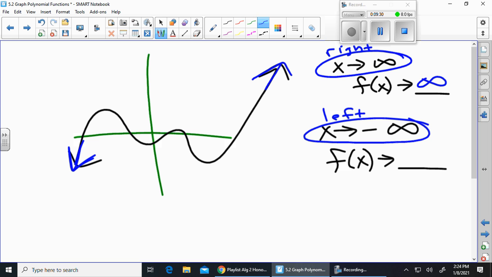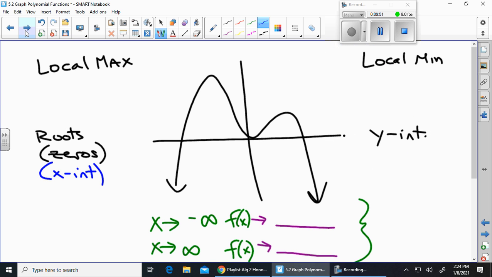It's going down. Negative infinity. When you fill those in, if they both go up, they're both infinity. If they both go down, they're both negative infinity. If one goes up and one goes down, they're going to be different. And x to infinity is right, x to negative infinity is left.